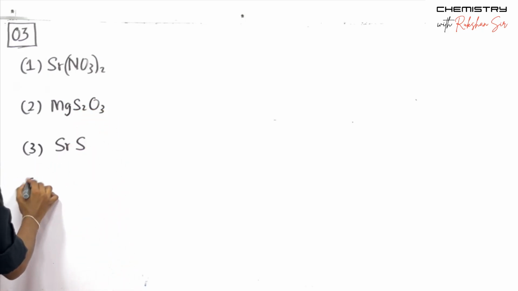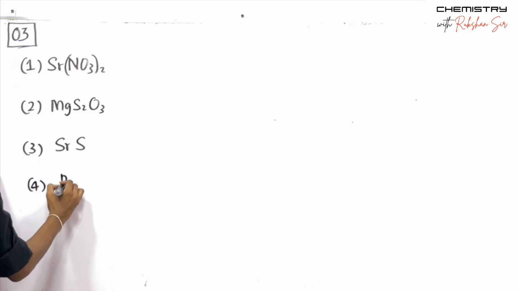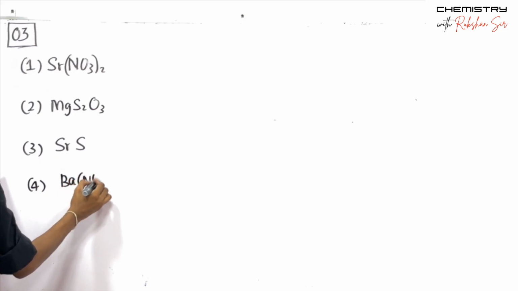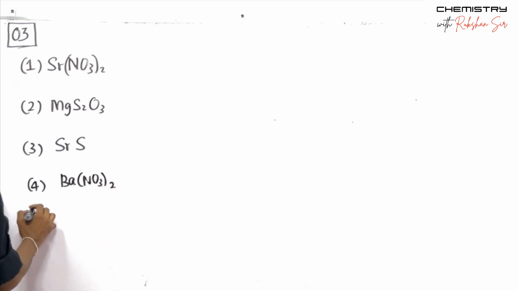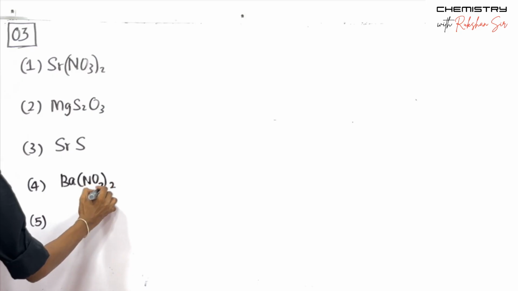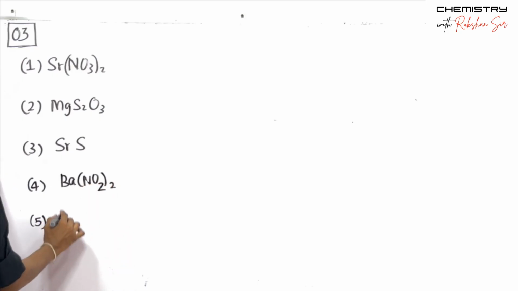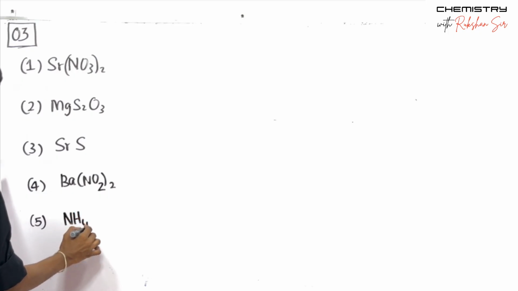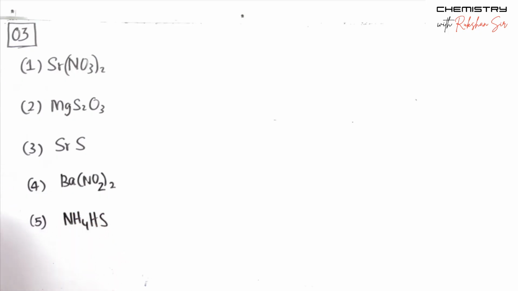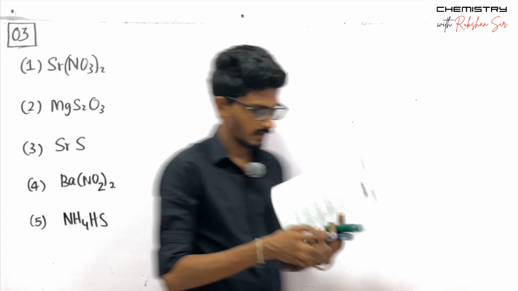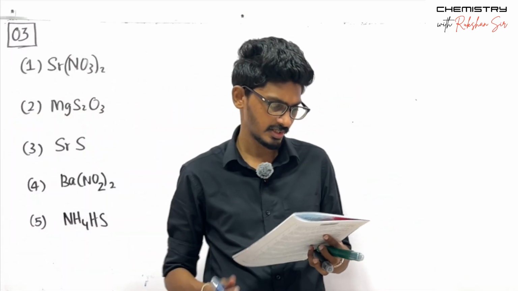The fourth one, barium nitrate, barium nitrite. Next one, ammonium bisulfite. See what we can do with these.